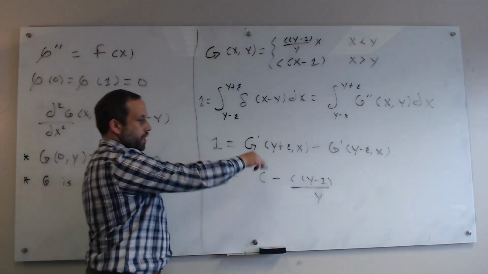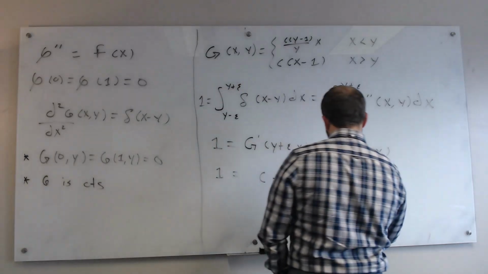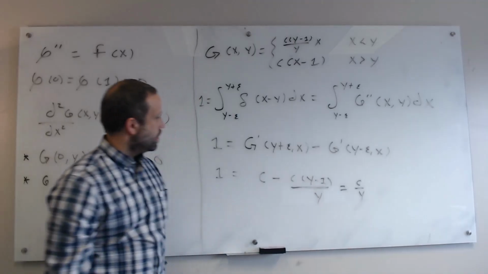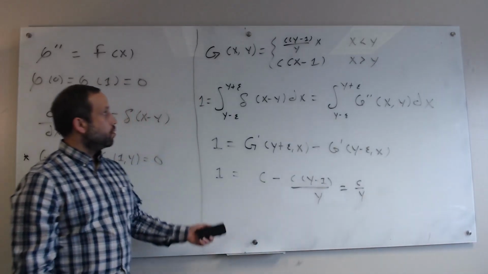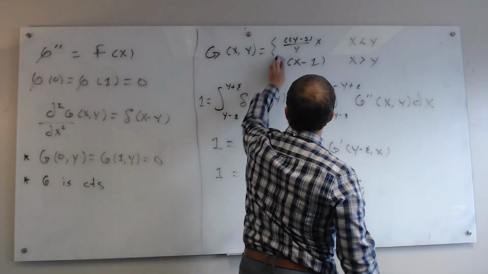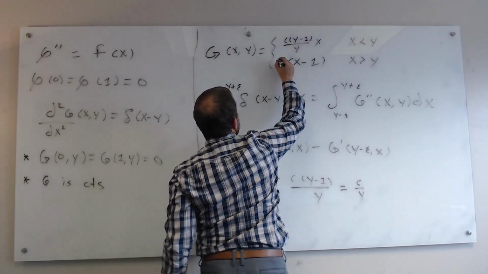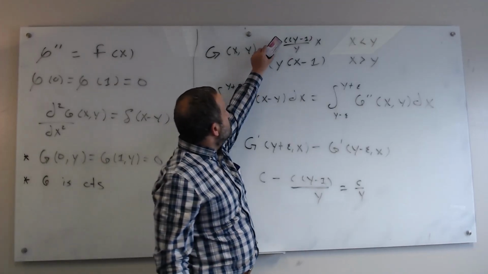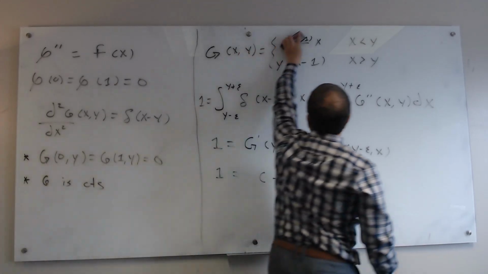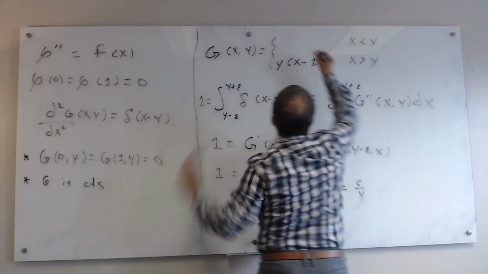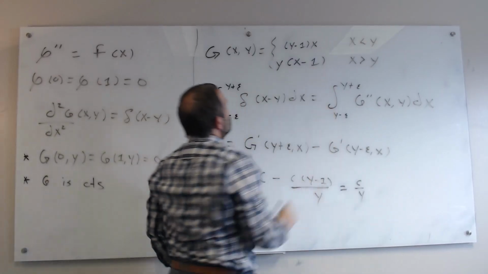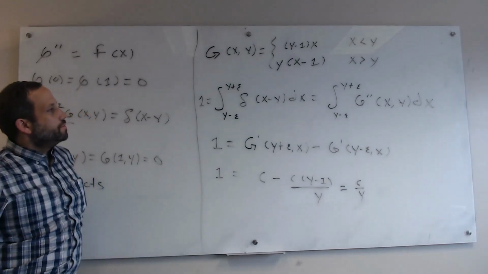And if you get a common denominator, this is equal to c over y. In other words, c is equal to y. So I'm going to replace this c with a y. And if c is equal to y, this is y over y, which is just 1, so this is y minus 1 times x. So this is the Green's function.